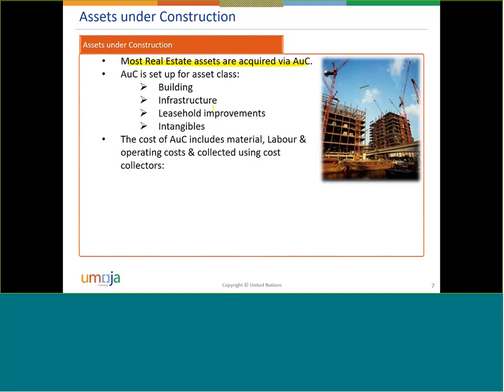The cost of the asset under construction includes material, labor, operating costs, and costs that are collected using cost collectors. What are the main cost collectors that we are going to use for assets under construction? WBS, work breakdown structure. This is project systems. There is another module in SAP called project system, and it's used to create the work breakdown structure of the project.